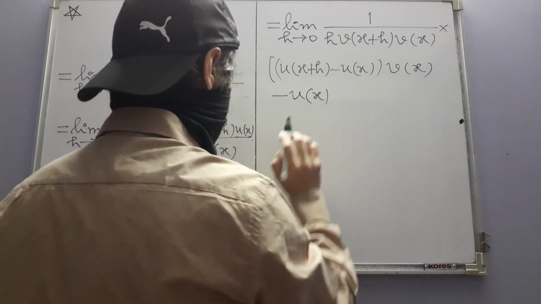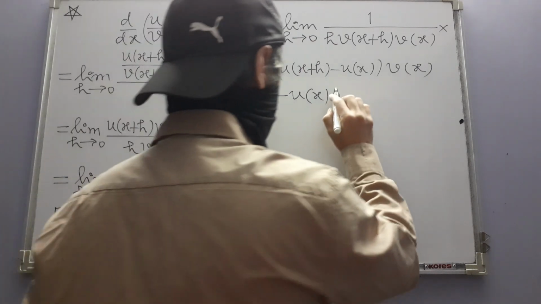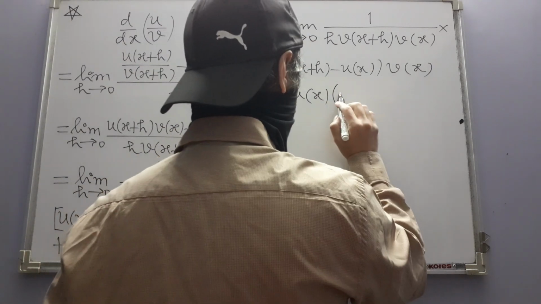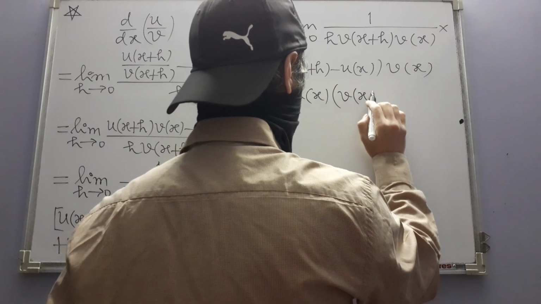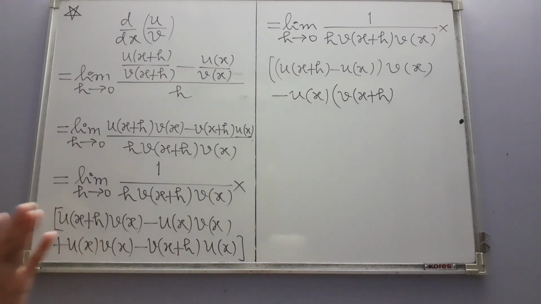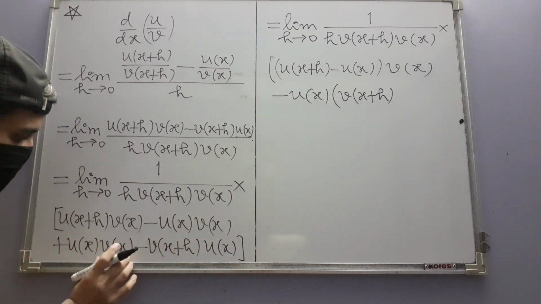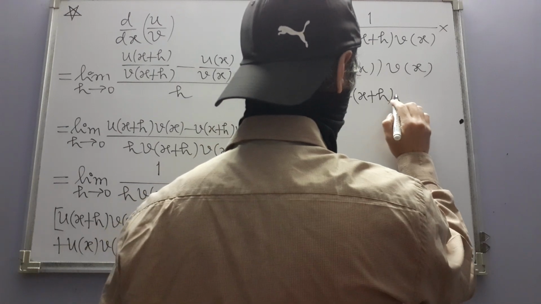And when you do so, you will also see that then the other factor is again in the form that you want, v of x plus h minus v of x.